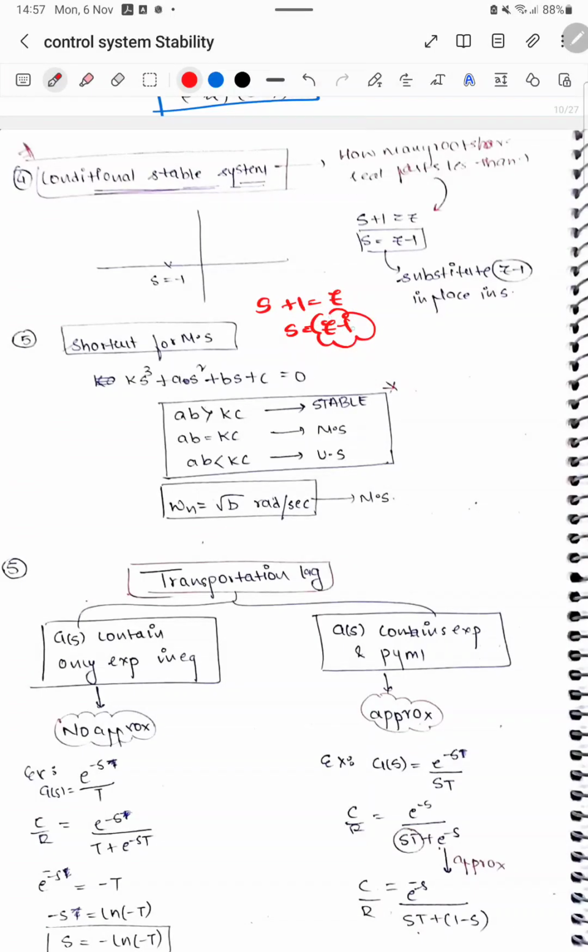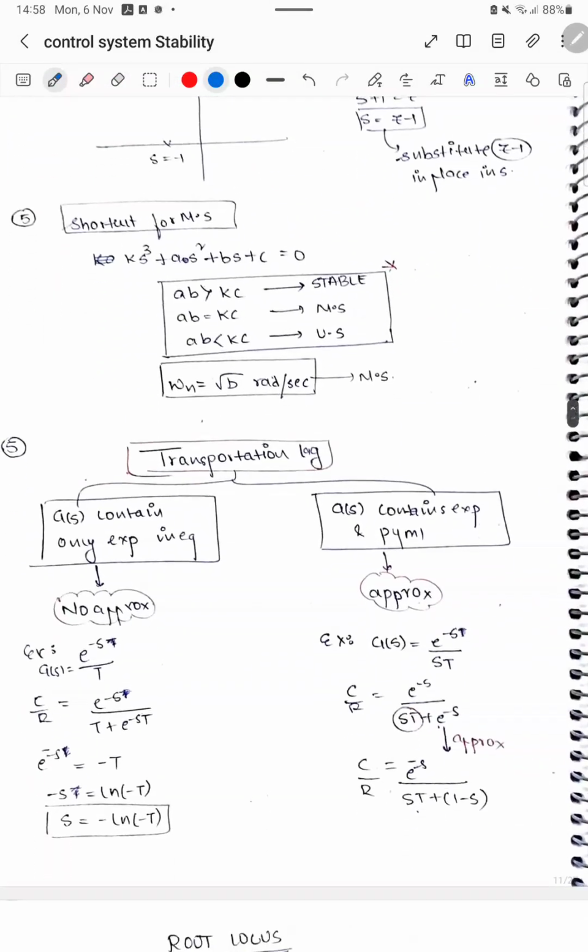In place of s, you substitute z minus 1, and then you see the location of z. For a third order equation, it becomes very simple: the inner product must be greater than the outer product for a stable system, and for marginally stable they are both equal, and omega n is nothing but root b.